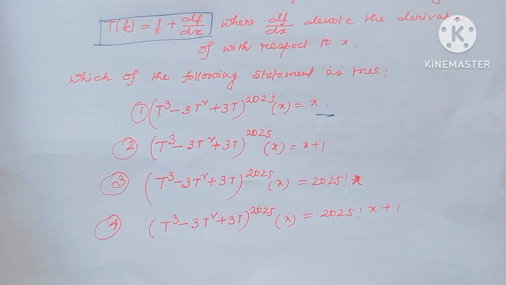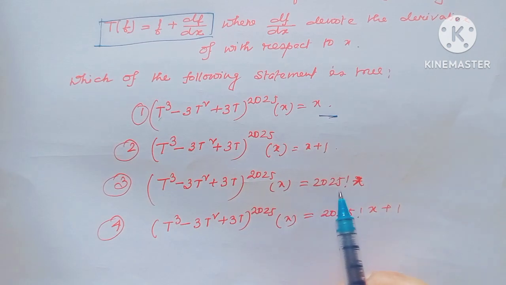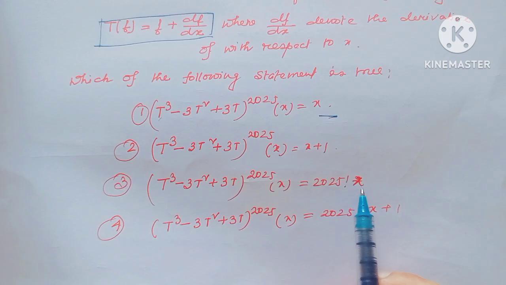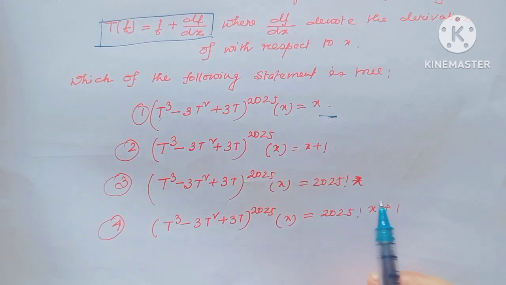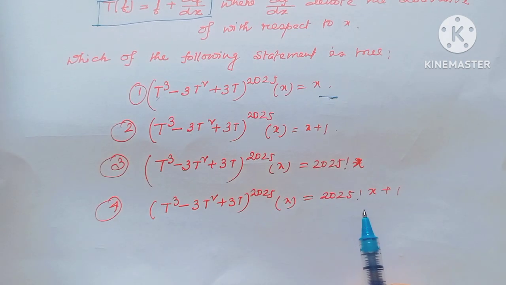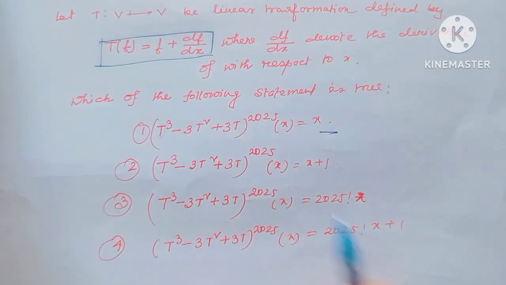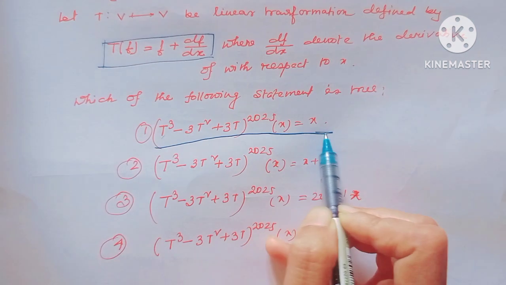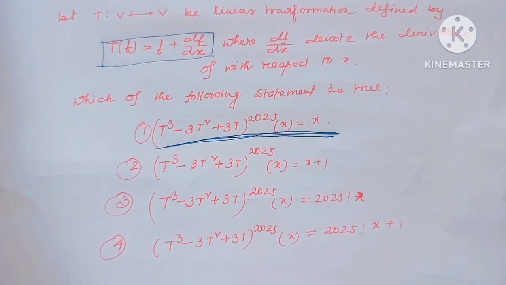Option 3, (T cube minus 3T square plus 3T) to the power 2025 of x equal to 2025 factorial times x. Option 4, (T cube minus 3T square plus 3T) to the power 2025 of x equal to 2025 factorial times x plus 1. Here this means we actually have to prove the identity operator.